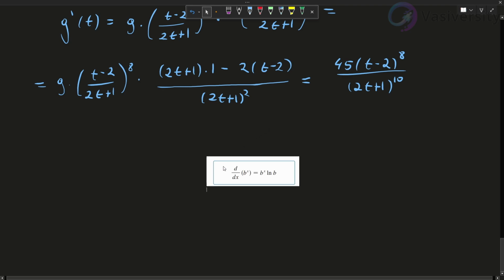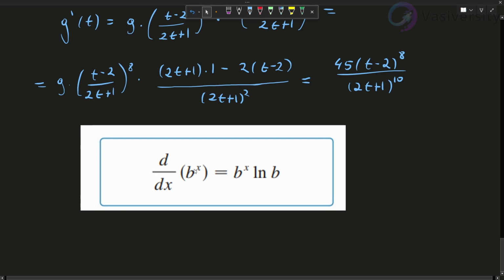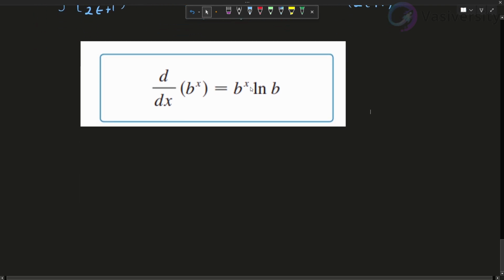But I'll give you this formula for the exponential. If b is equal to e, we can easily have e to the x derivative be e to the x, but other than that, we can't. So essentially, this is a useful formula to solve problems.